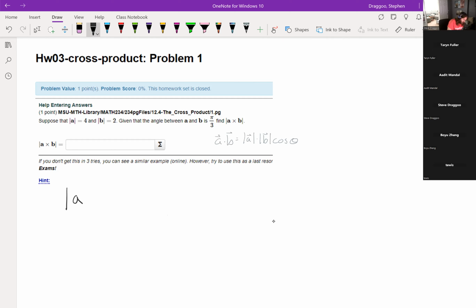So the magnitude of A cross B is equal to the magnitude of A times the magnitude of B times the sine of the angle that's in between them.